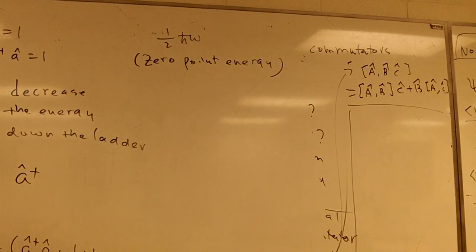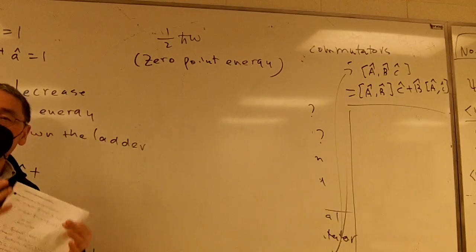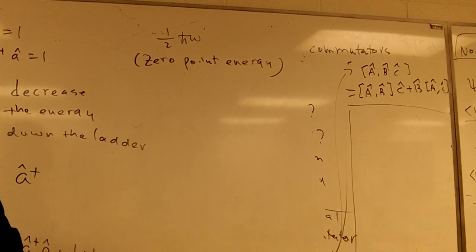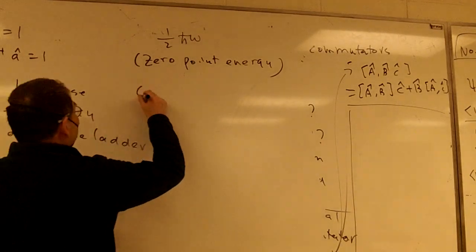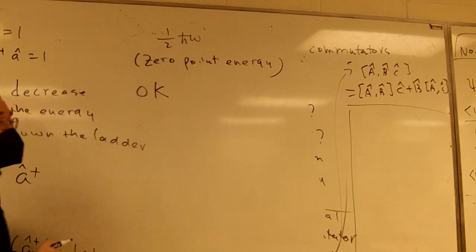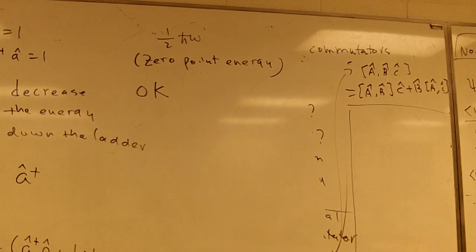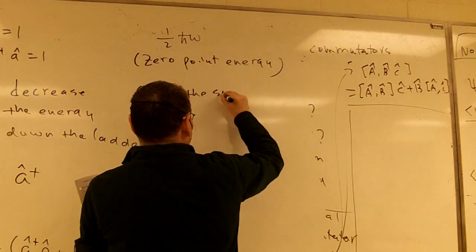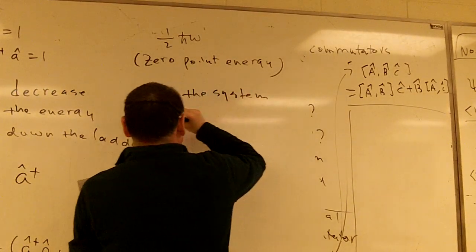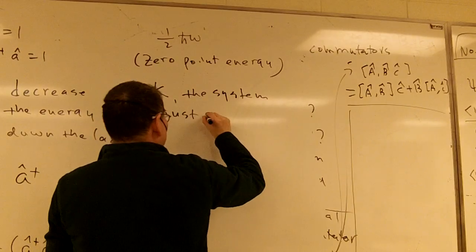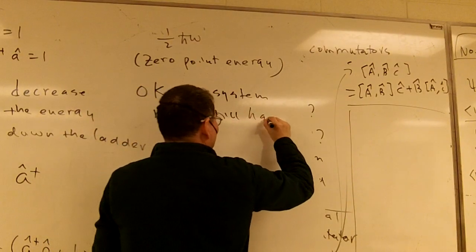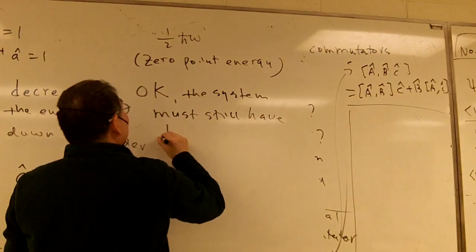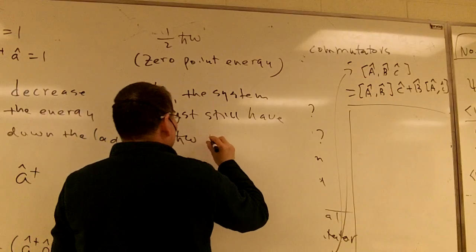What this means is that if you cool down the system to 0 Kelvin, suppose you one day, of course you've never been able to do this, absolute 0 Kelvin, the system must still have 1/2 h bar omega energy.